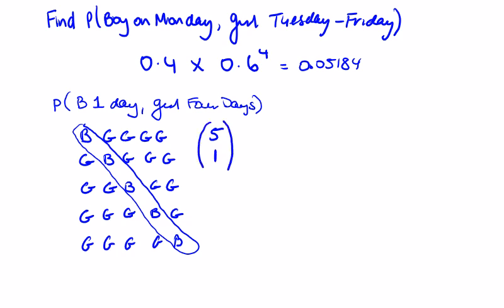I'm going to introduce the formula now for Bernoulli trials. It's n choose r, times the probability of success p to the power of r, times the probability of failure q to the power of n minus r, because the 2 powers add up to n.